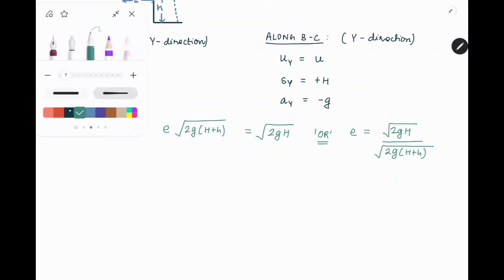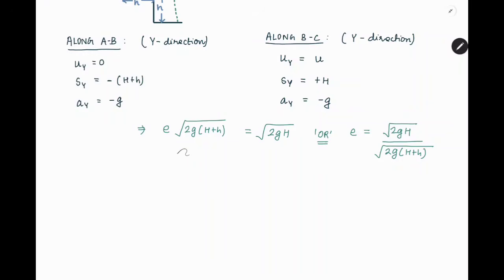Now if we solve further, we obtain E square h plus h is equal to capital H, and from here we get the expression for capital H, which it is going to attain, and it is equal to E square h upon 1 minus E square.